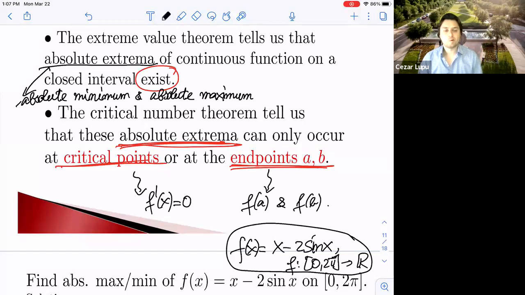So what do you think? First of all, we need to make sure that the absolute min and absolute max actually exist. How do we know that?